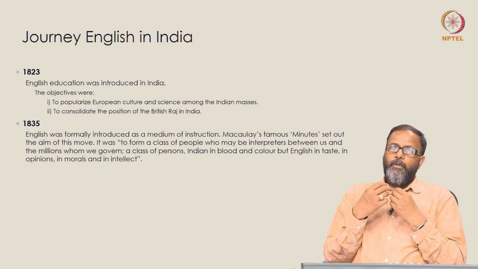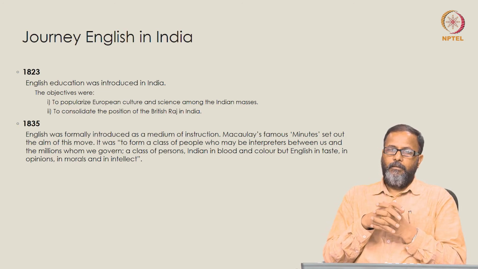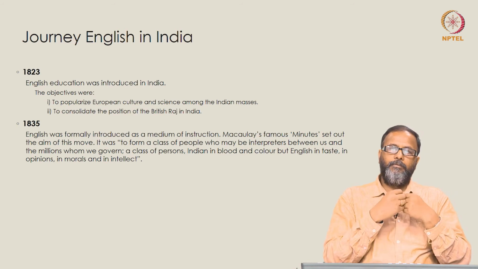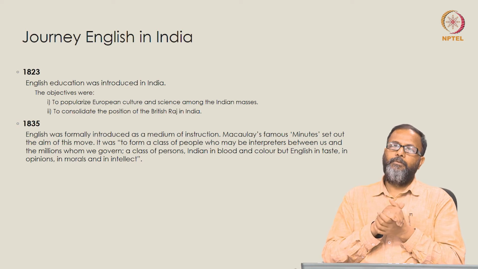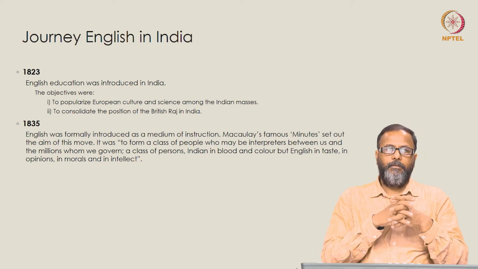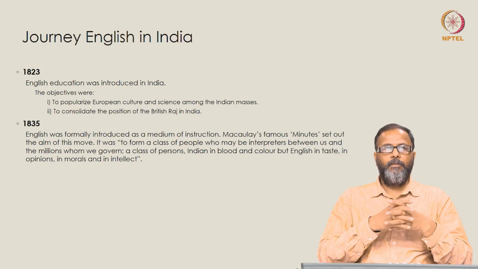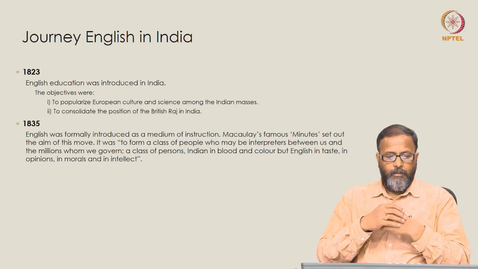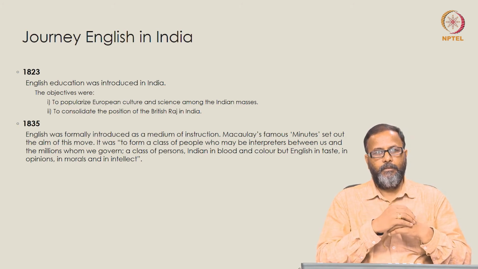Now, if you look at the journey of English in India, though it started as the language of traders and merchants, 1823 is very important. And why is it important? It is important because English education was introduced in India with two objectives.